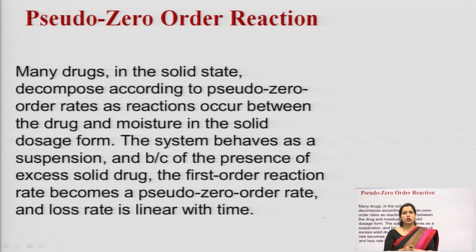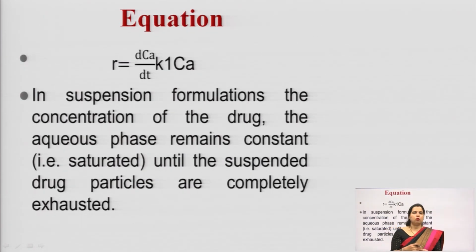So, pseudo zero order reaction occurs between the drug and the moisture in some sort of formulation, for example, a suspension or solid dosage form. In the equation we follow, rate is -dCA/dt = K1 CA.